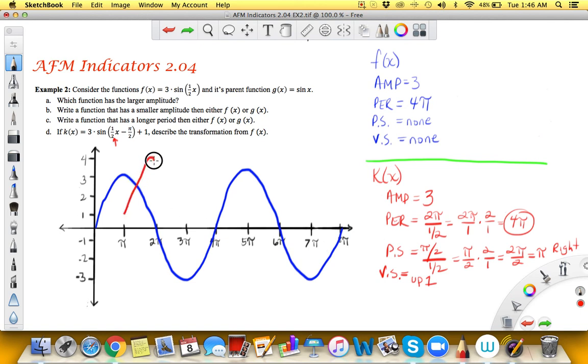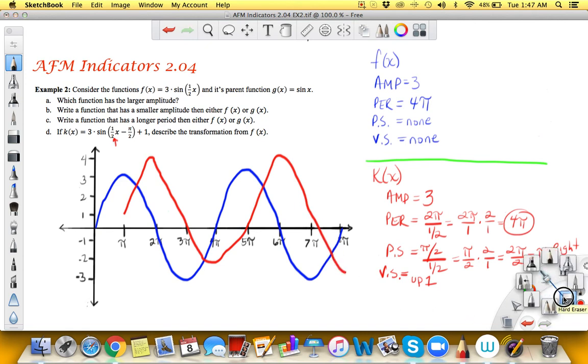Up to 4, comes back down, in this case, to -2, and goes back up again, back down like that. I went a little too far, so let's erase the end part of that, because it just goes to -2.